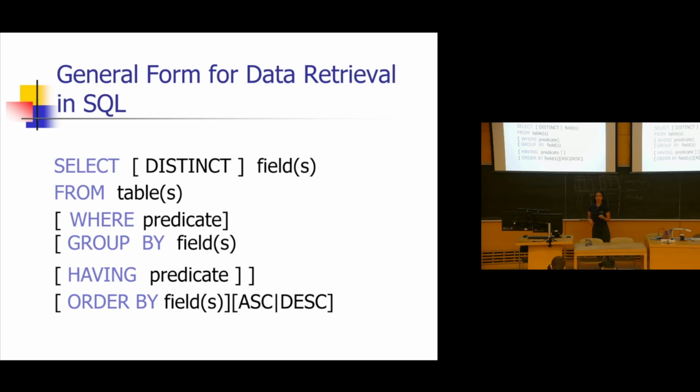When we use GROUP BY, we are aggregating our data. For example, let's say we want to find the average salary of employees in each department. Say we have 10 different departments, and we want to find the average salary for each department.